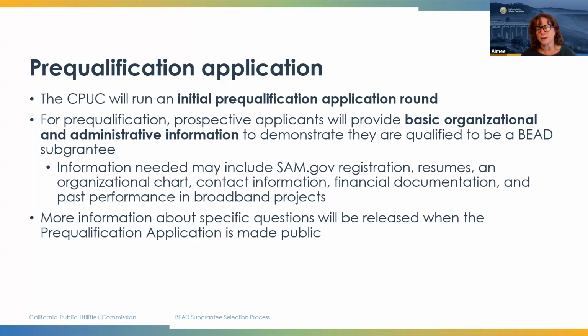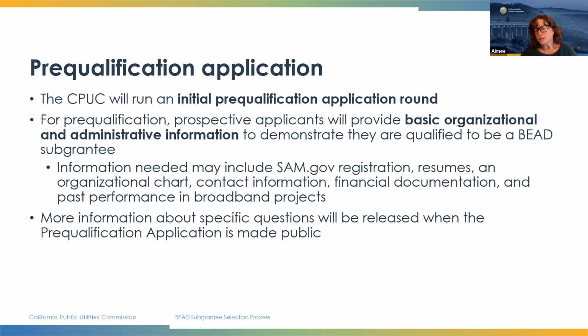Start thinking about that now, pulling together resumes of key personnel, making sure that you have an organizational chart, specific contact information. You also need someone who can bind the company and sign all the certifications.